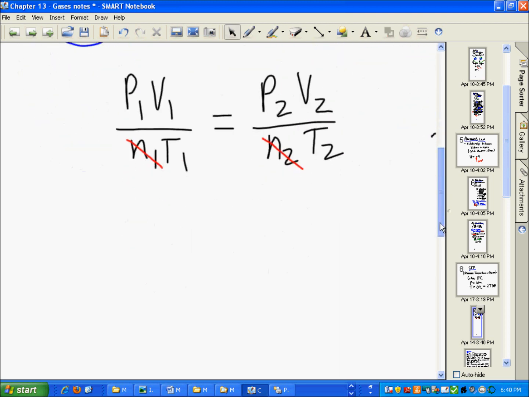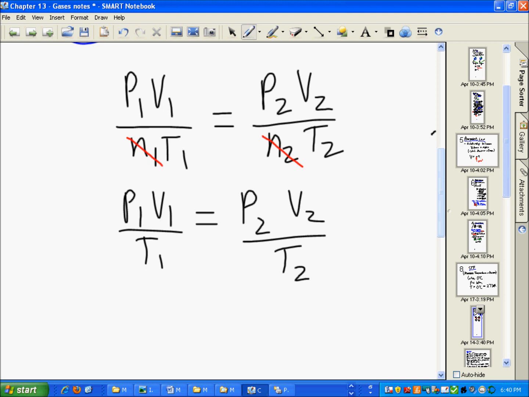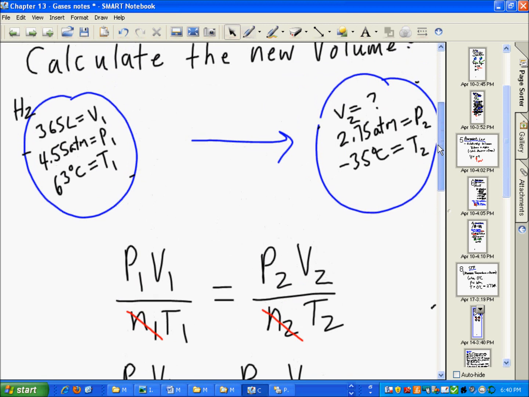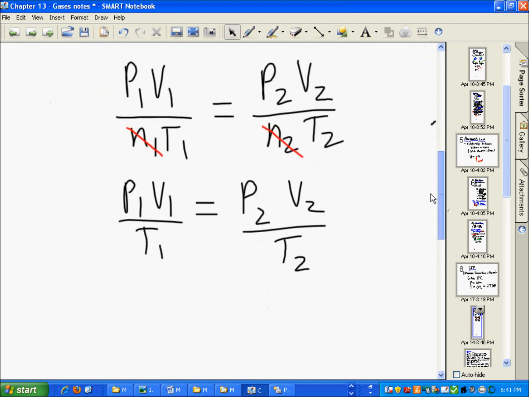So the equation now becomes P1V1 over T1 equals P2V2 over T2. What we're trying to solve for is V2. So we need to rearrange the equation for V2.